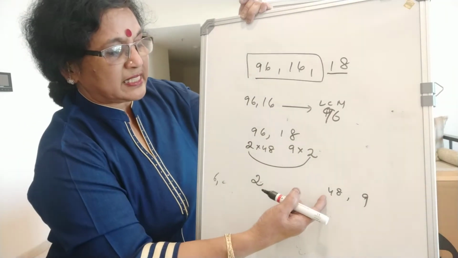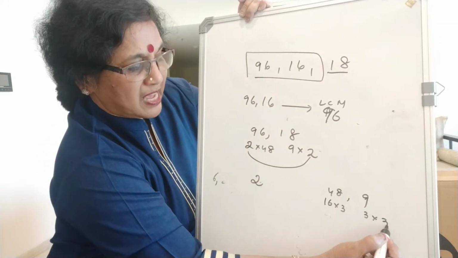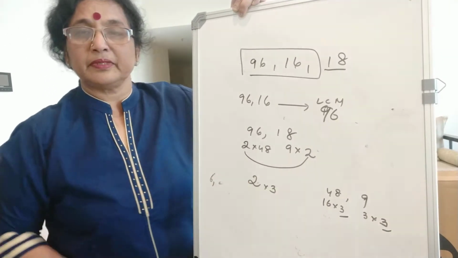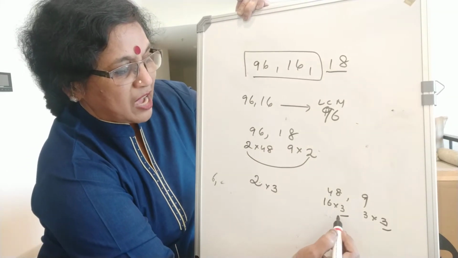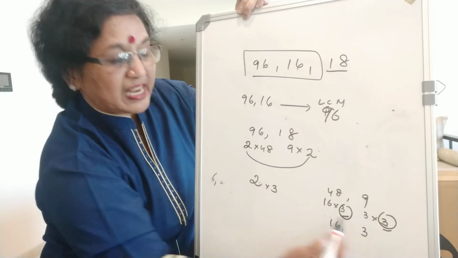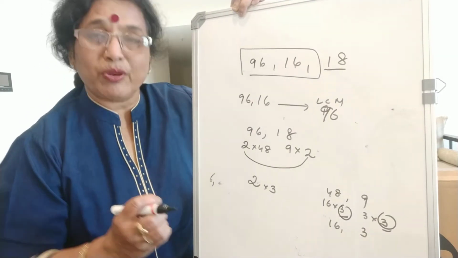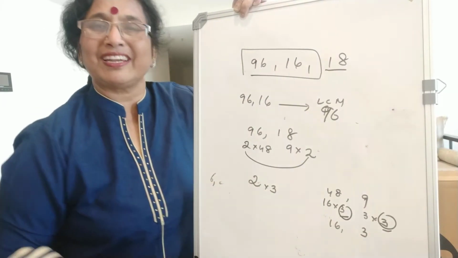You know that 16 3s are 48 and 3 3s are 9. So the next common number is 3. After removing this common, I have 16 and 3 left. So there is no common factor between 3 and 16, so the LCM will be their product, 48.